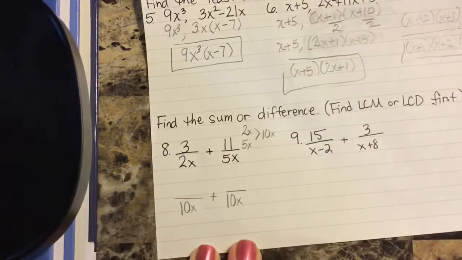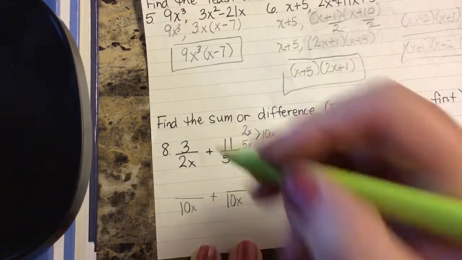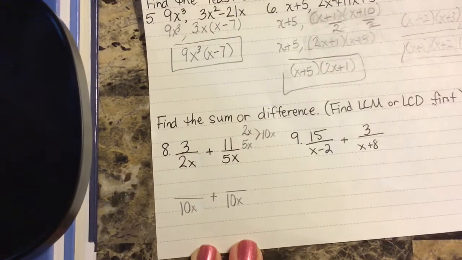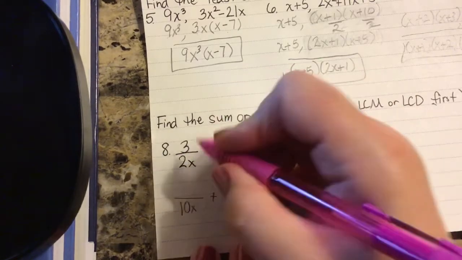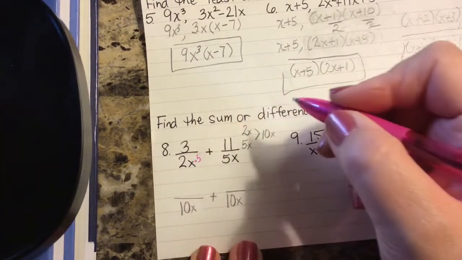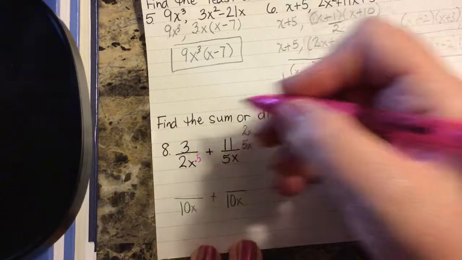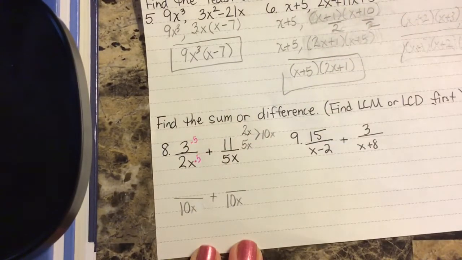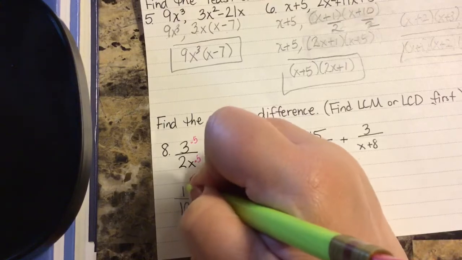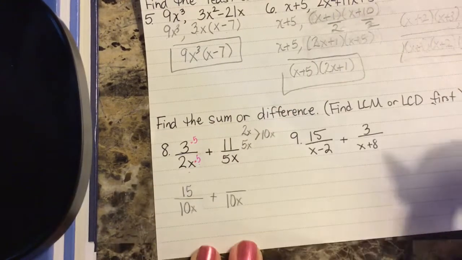How do I turn or transform 2x into 10x? Multiply by 5. So if you're going to create an equivalent fraction, you're going to multiply this by 5 as well. So 3 times 5 is 15. 2x times 5 is 10x.